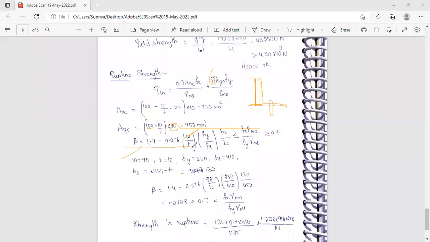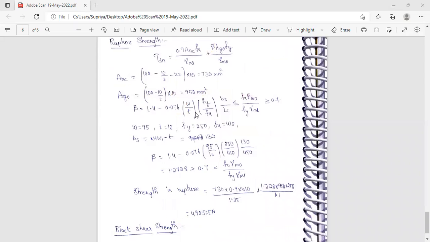Okay. And t is the thickness of the plate. fy, fu are the yield strength and the ultimate strength of the plates. bs is equal to w plus w1 minus t, and Lc is the length of the connection. Okay, and this is the check for beta value. So substitute all the values. This we already did in tension members. Okay, this is not a new step.